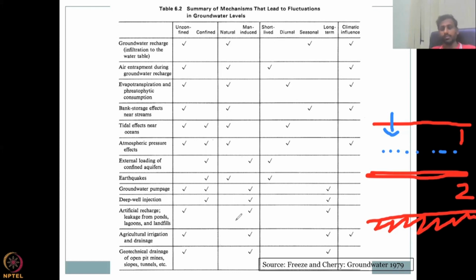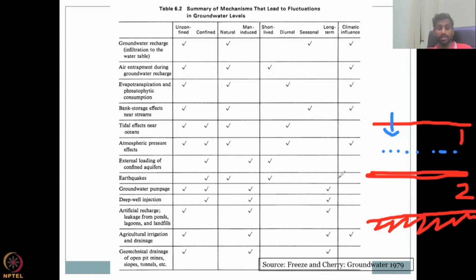Earthquakes. Earthquakes are the process in which the plates very, very deep near the bedrock, I'm saying, near this area, where the rocks and other things would move. When they move, the water table also fluctuates, because if suddenly there's a crack, then this water will flow down. Or if there's a crack and water flows out of the system, then the water level will go up.